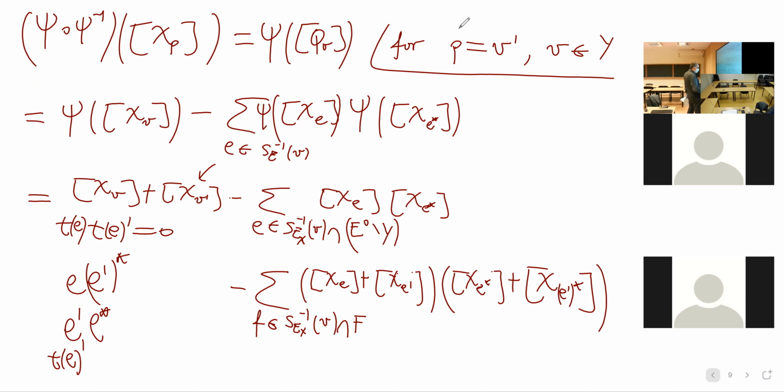But the beginning of the star is the end of E. So here we have TE prime times TE. And again, this must be 0. Okay, so the cross terms vanish, and we simply have the same sum twice, but once taken with primes and once taken without primes.